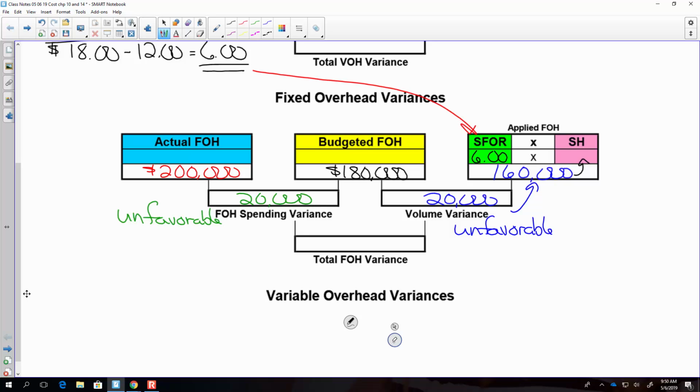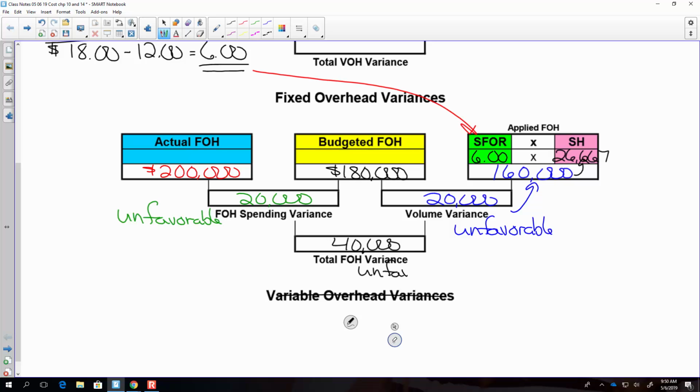No. 16. 26,666.6 continuing. Let's just make that 67. 26,667. So my total variance, let's just wrap it up here, is 40,000, both in the same direction.